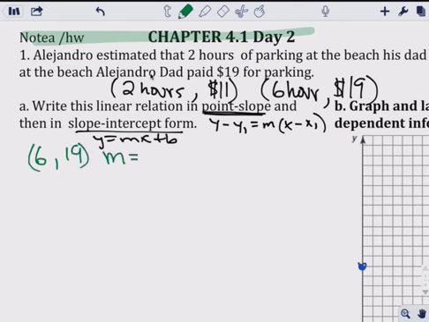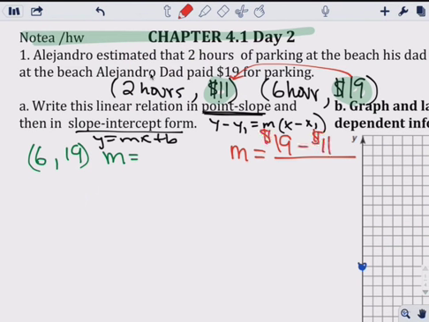Find m. If I choose 2, 11, we find m with the dollars first, because the y comes first. I'm going to do 19 minus 11.